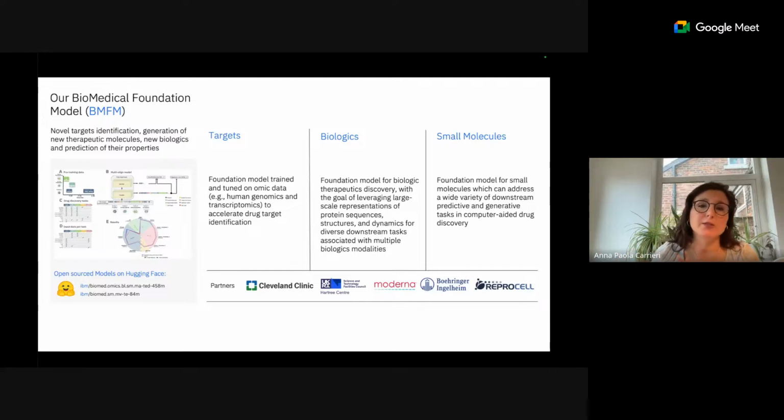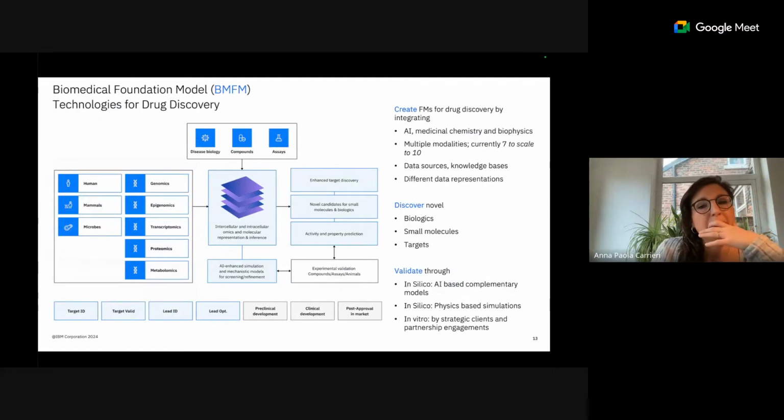And biologics, to generate protein sequences, and small molecules, to generate new small molecules and predict their properties as well. We are working on the development of this biomedical foundation model with many partners. Some are mentioned here, but they're not all the partners we're working with at the moment.